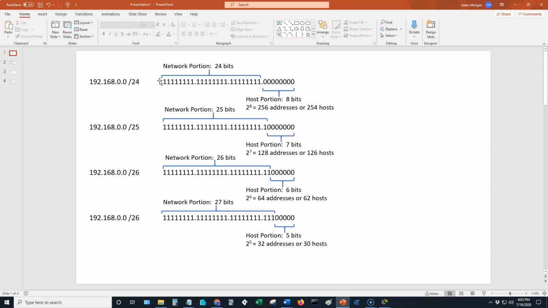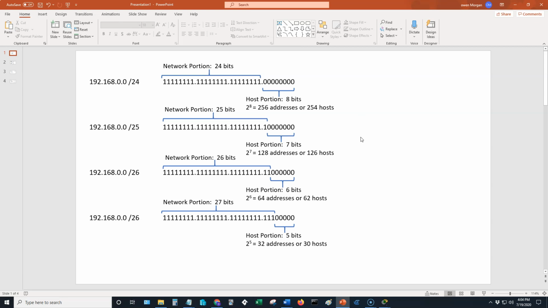If we take this subnet and we want to break it into 2 subnets, we would use the /25 prefix. This will give us a network portion of the first 25 bits. The next portion, 7 bits, is used for the host. 2 to the power of 7 equals 128 addresses or 126 hosts.